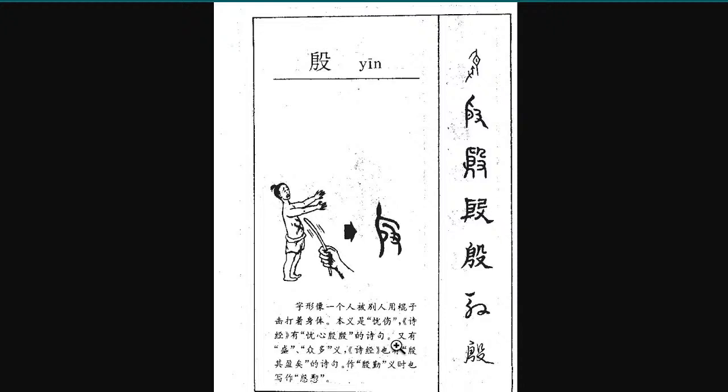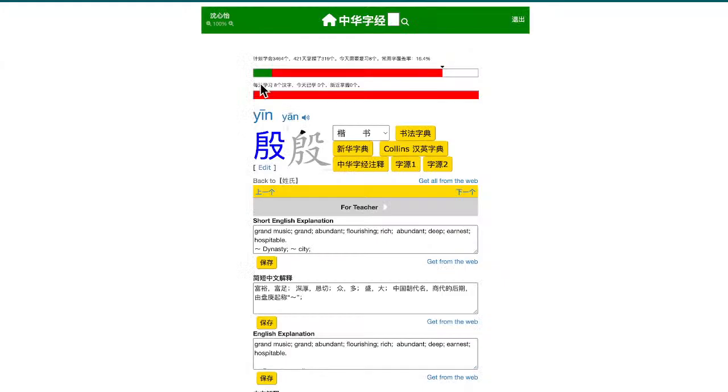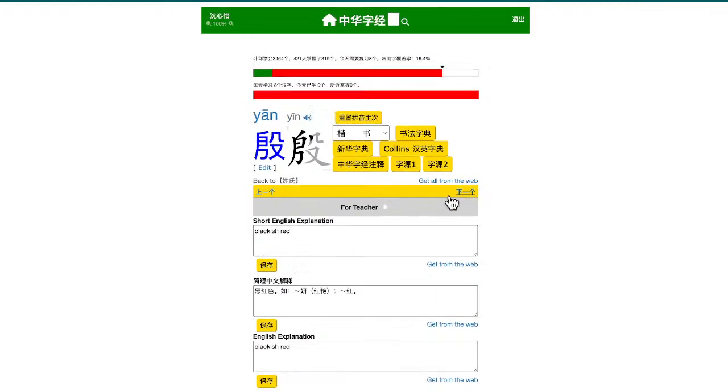So it means sadness, being punished, because that's why you feel sad. And then somehow later it means abundance and deep pocket and grandeur, that kind of thing. So this is yin. Now this one has another pronunciation called yan.